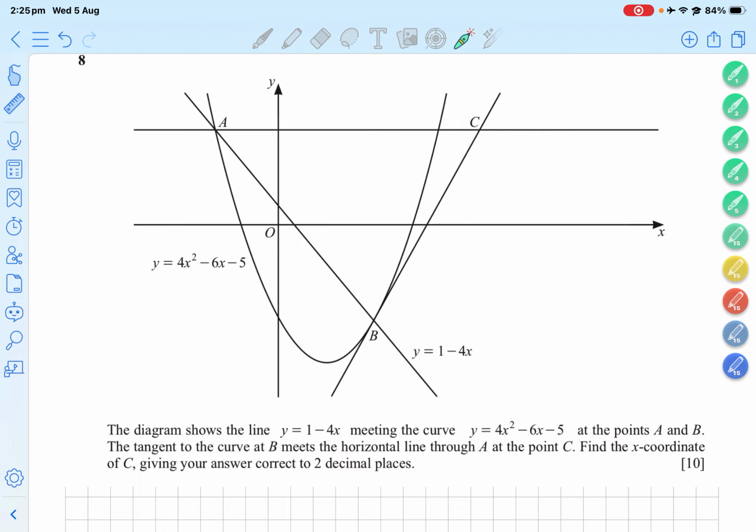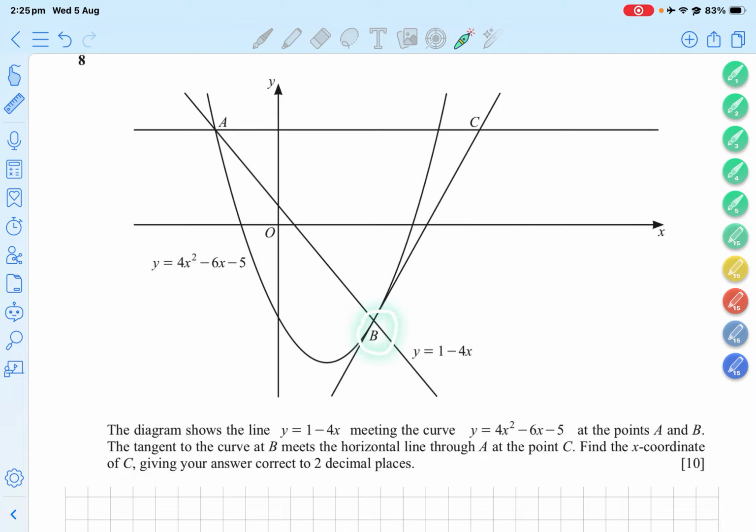Well, what I understand is that this curve and this line meet at this point and this point. So those are points A and B. We can find the coordinates.